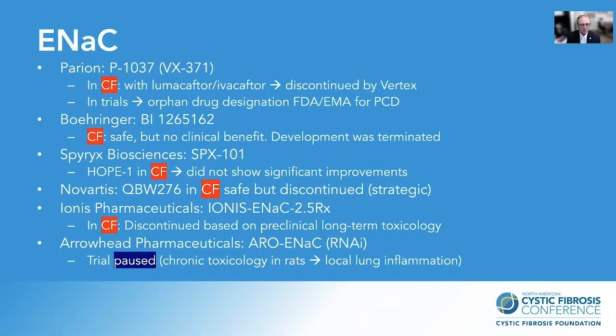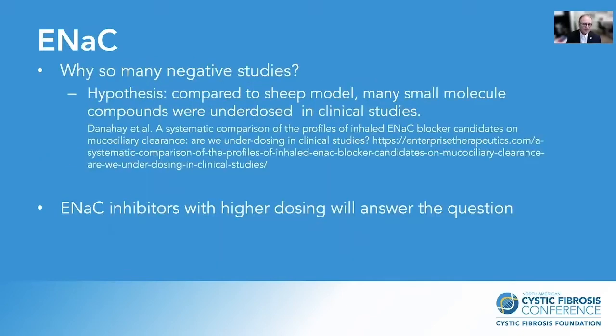But why did so many therapies really fail here? One of the hypotheses is that many of those therapies were tested in sheep. This is a non-genetic model of cystic fibrosis airway disease. And the inhibition of ENaC in these sheep led to significant improvements in mucociliary function. However, when extrapolated from the sheep to the human, it seems that many of these medications were underdosed.